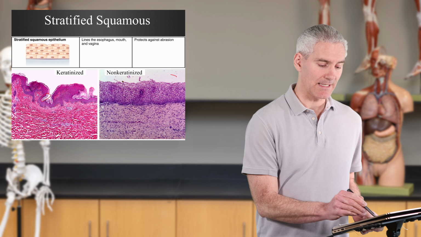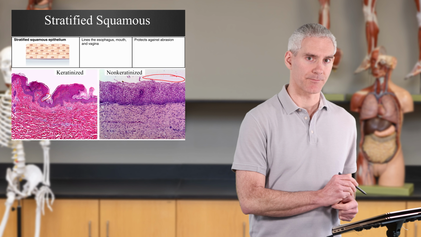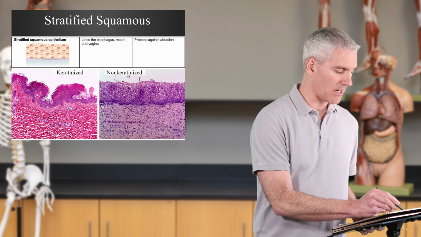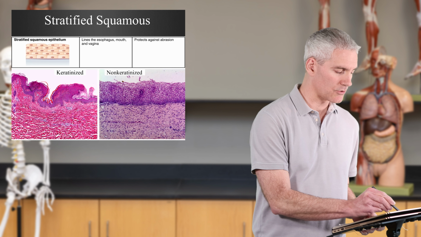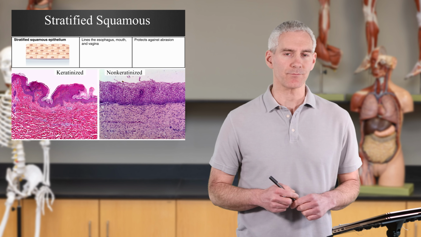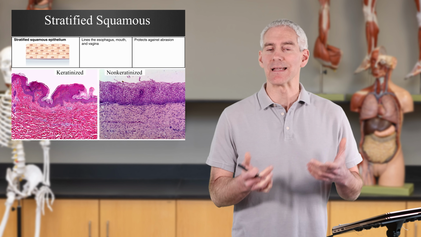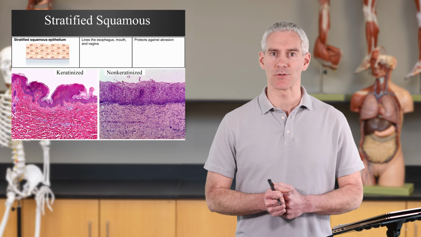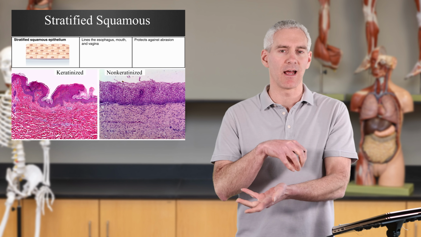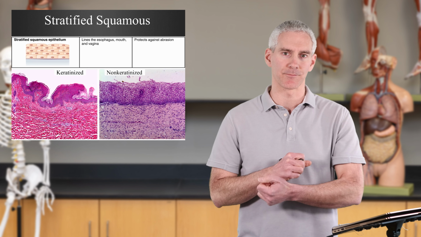If you notice, non-keratinized doesn't have it there. The keratinized is going to have this entire layer that's all dry, dead, scaly cells on the surface. That's your skin. Keratinized stratified squamous is your skin. You have all these dead layers of protection on this dry covering.